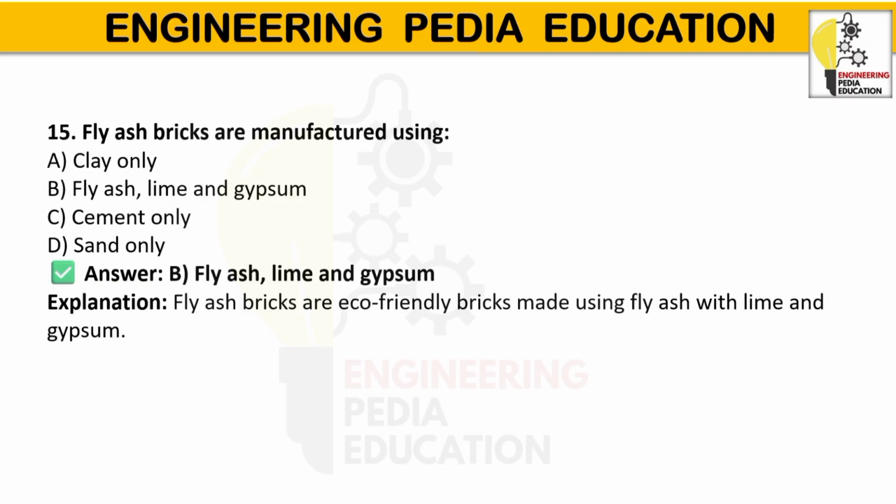Fly ash is a byproduct obtained from thermal power plants. Advantages: high compressive strength, uniform size and shape, lower water absorption, smooth surface, requiring less plaster, environment friendly. Disadvantages: not suitable where continuous water exposure occurs without proper protection, and quality depends on fly ash and the manufacturing process.